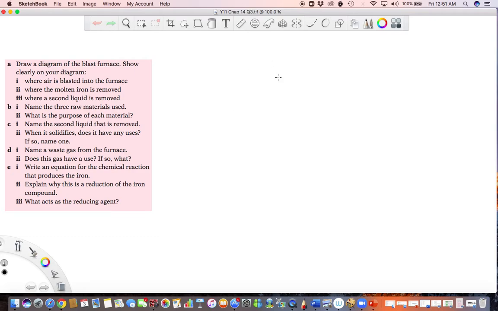So I'm going to do a very, very basic drawing, very simple, for extracting iron. Might be a bit hideous, but that's okay, as long as you get the point.